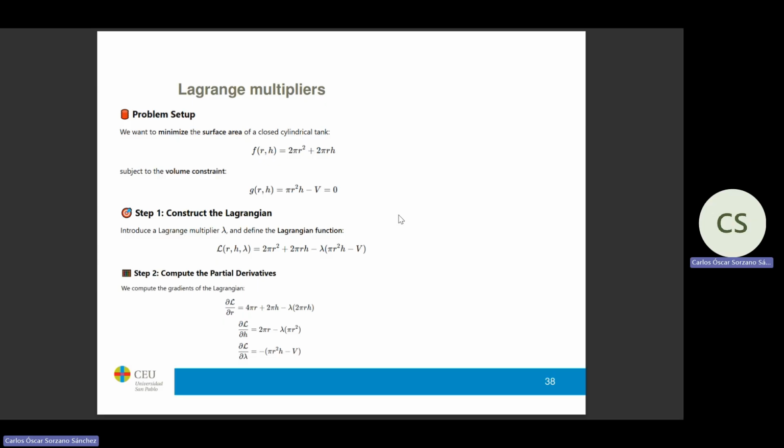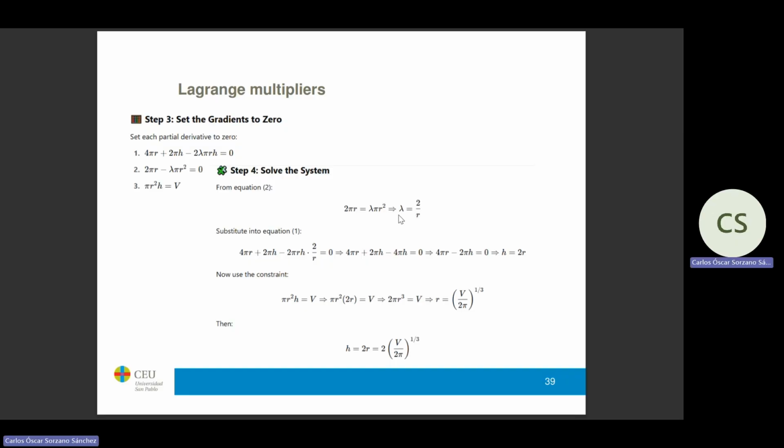So we compute the derivative with respect to the three variables: with respect to r, with respect to h, and with respect to lambda. Actually, the derivative with respect to lambda is just the constraint. So when in the next step we say this has to be zero, this is just the constraint.